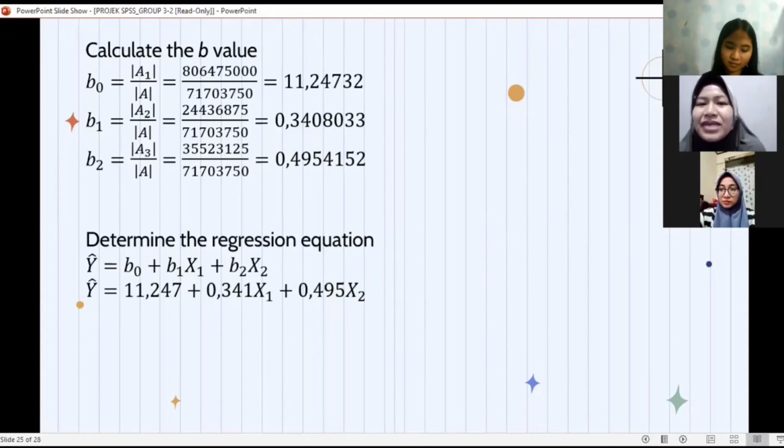So then we can determine the regression equation is y equals B0 plus B1x1 plus B2x2. So the y is 11.247 plus 0.351x1 plus 0.495x2.